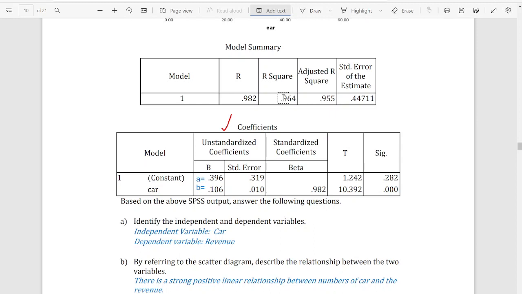Maksudnya nilai R kuasa 2 ni mengukur berapa banyak variasi dalam pemboleh ubah Y dapat diterangkan oleh variasi di dalam pemboleh ubah X, independent variable. Semakin tinggi nilai R squared, semakin tepat prediction yang dibuat menggunakan persamaan regresi yang kita dah bina tadi. So kejituan atau accuracy tu is very high.